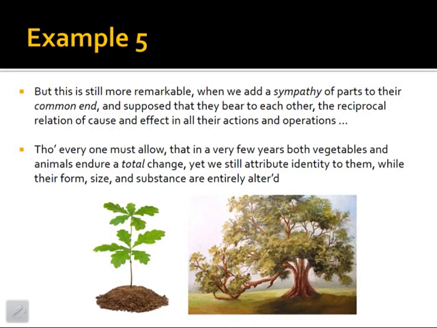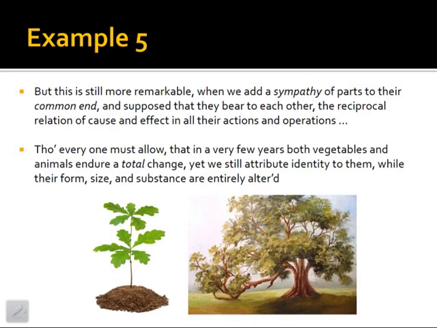Yeah, because bit by bit, different parts of that small tree cause it to become a larger and larger tree. Yep. So he's saying that in that case, even though obviously this tiny plant is very different from the huge tree, we're more likely to ascribe the same identity because they are related by cause and effect.